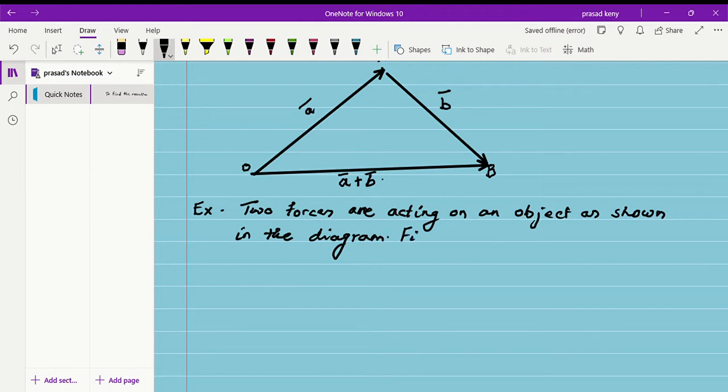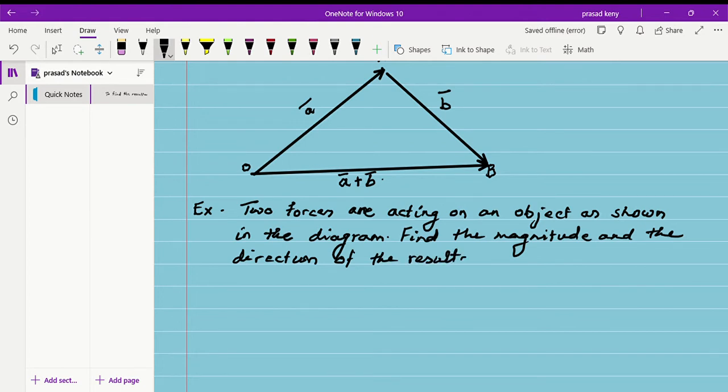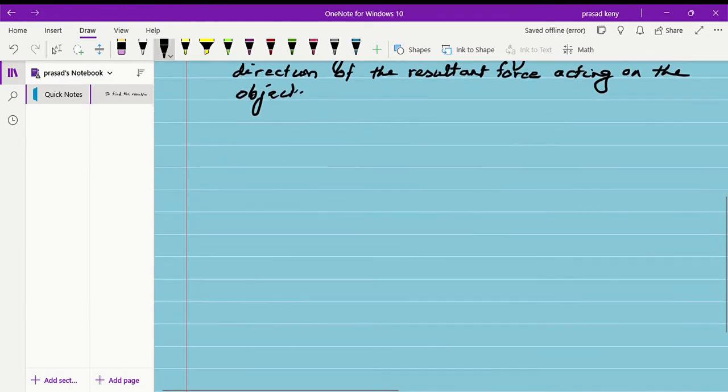Find the magnitude and the direction of the resultant force acting on the object. So I'll put the diagram here.